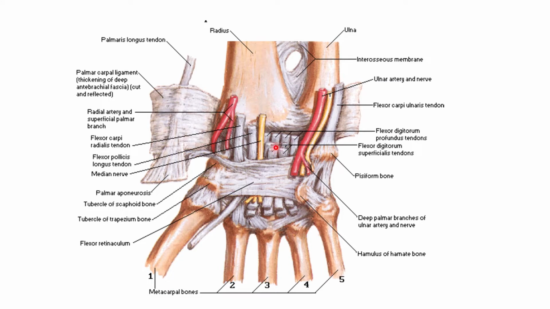This is the enlarged picture, where we can make out the flexor retinaculum and the structures superficial to it along its medial end. The nerve is accompanied by the ulnar artery, where it divides into its superficial and deep branch in the palm. So this is how the ulnar nerve enters the palm.